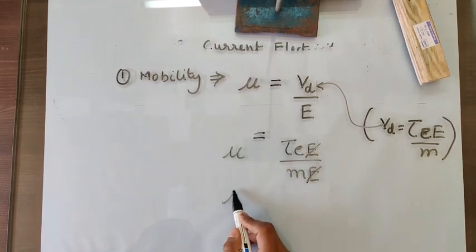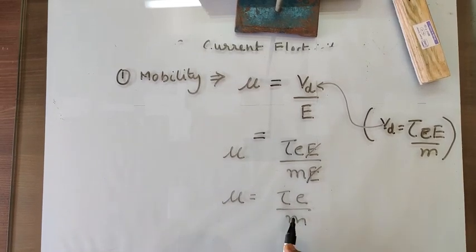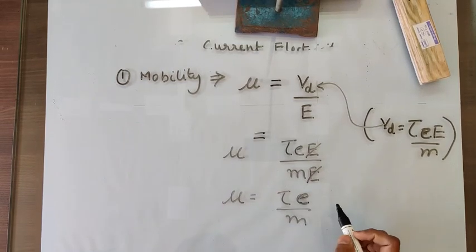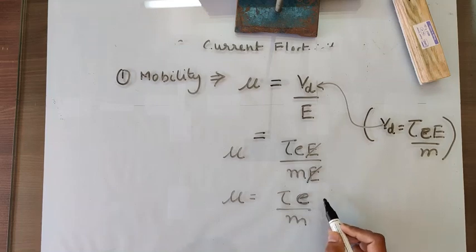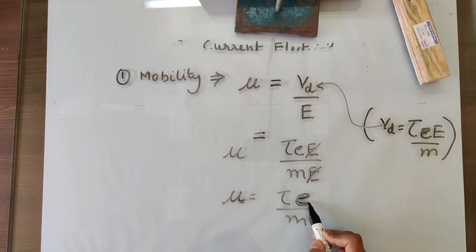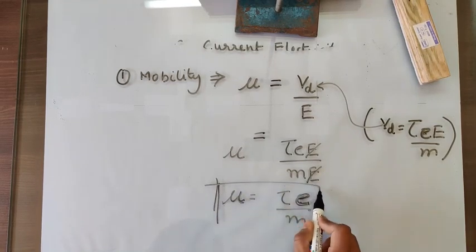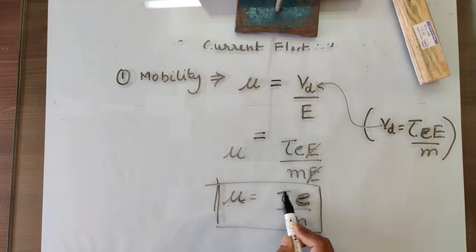Mu is equal to tau e upon m. If the moving charge particle is an electron, we can replace e with the charge of the electron, or if the moving particle is a hole or any other particle, we can replace this e with that particle's charge. So this is our relation between drift velocity, mobility and relaxation time.